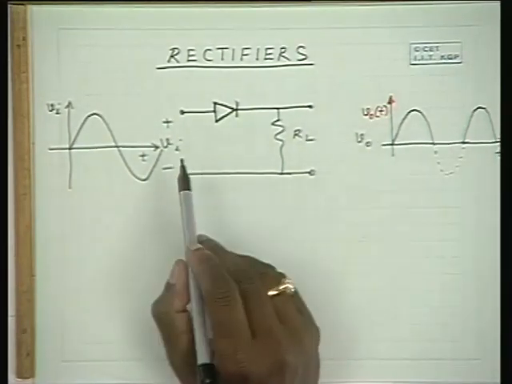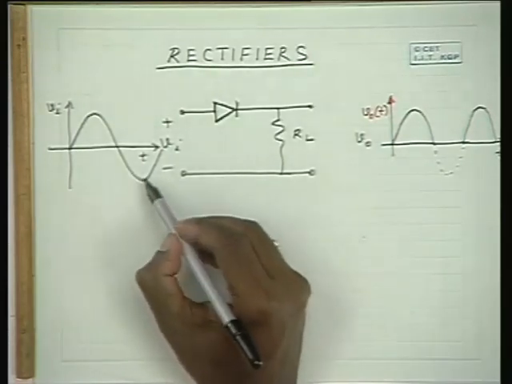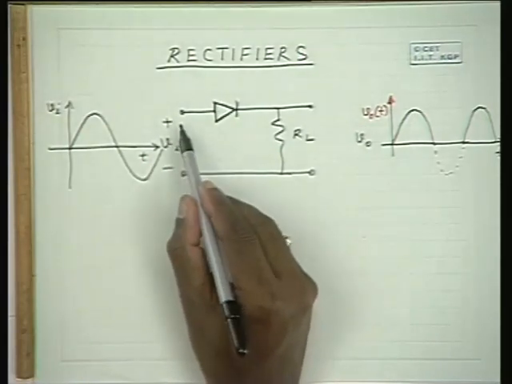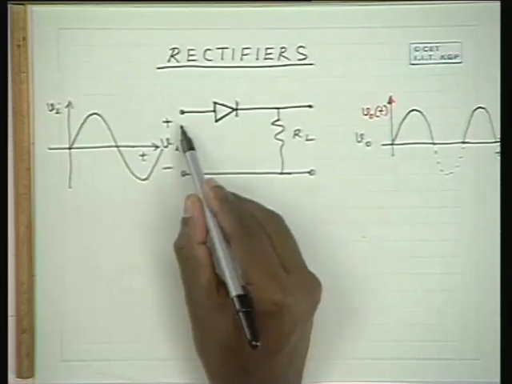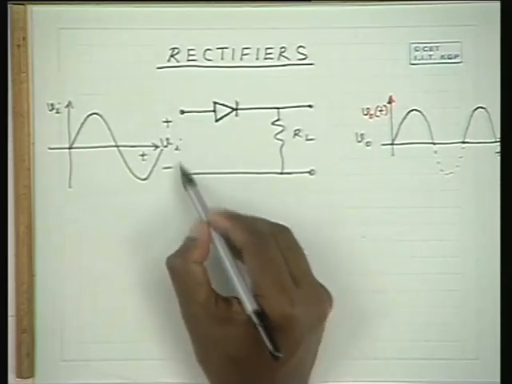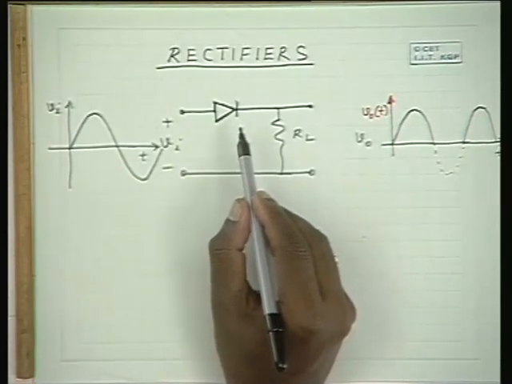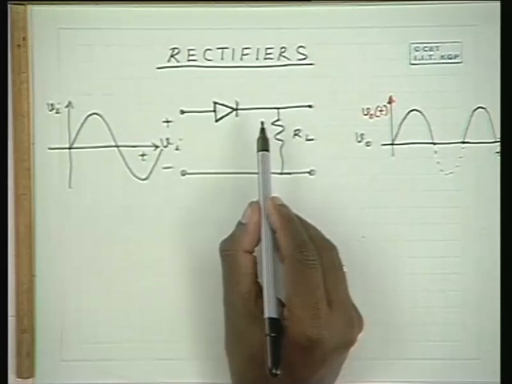Okay. So, the diode allows it to pass through, whereas in the reverse direction, during the negative half cycle, because of the large reverse potential across the diode, some current flows, but that current is the reverse saturation current.